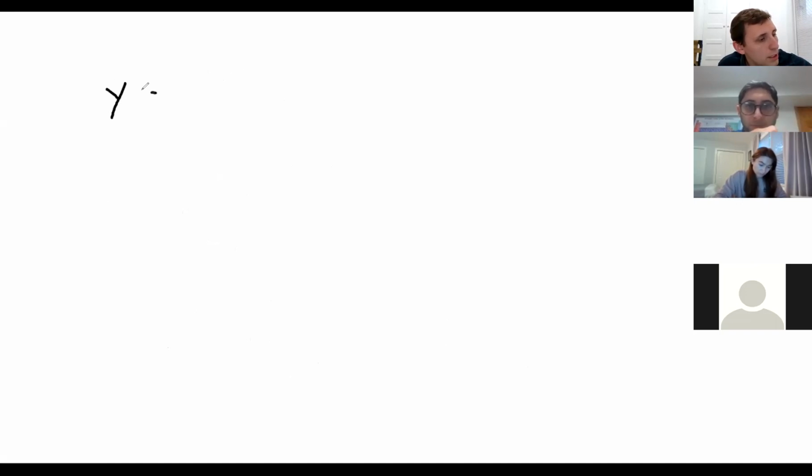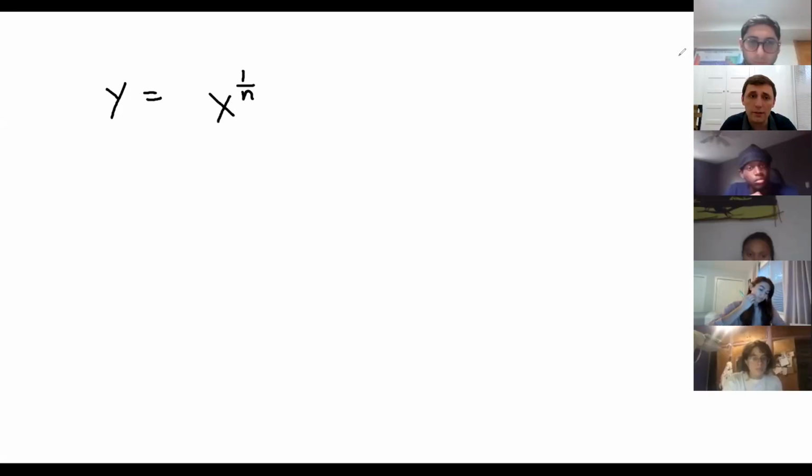Suppose that y is equal to, let's say, x to the power of 1 over n, the nth root. Maybe you're familiar already, you think you know how to differentiate it, but we haven't derived the formula here.